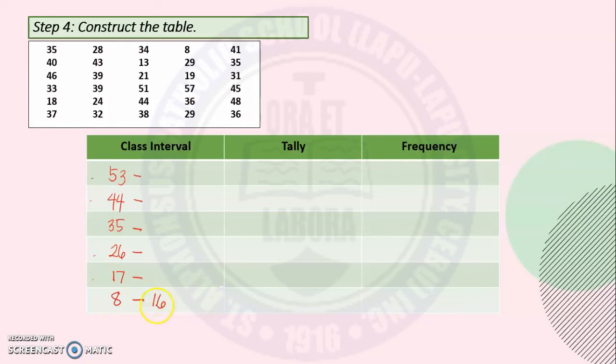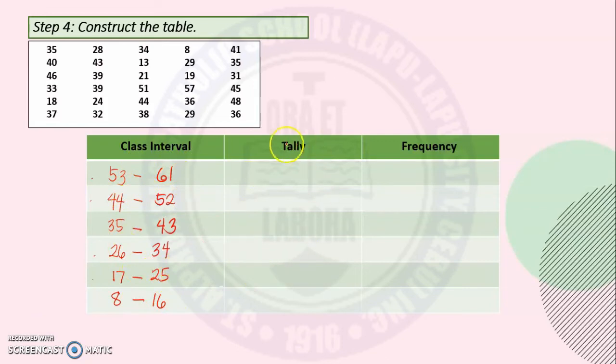Next, to get our next upper limit, we will again add 9, which is our class interval. So 16 plus 9 is 25, plus 9 is 34, plus 9 is 43, plus 9 is 52, and plus 9 is 61. And we are done with our first column, which holds the class intervals.